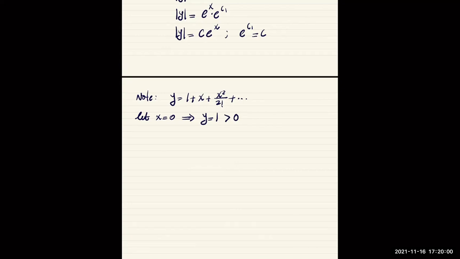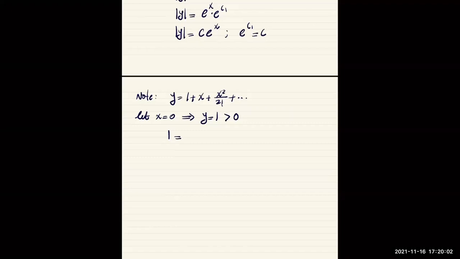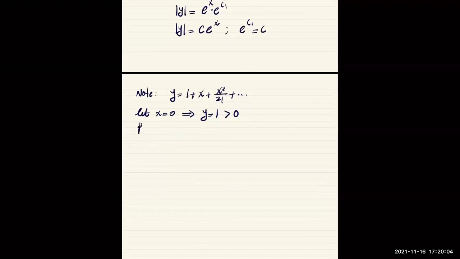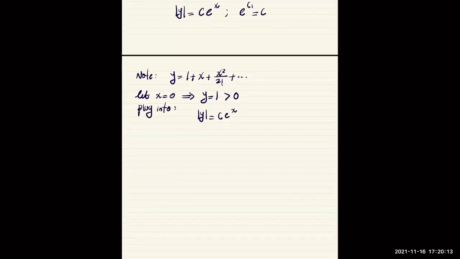Now plug it in. We get 1 equal to, so I'll plug into absolute value of y equal to c e to the x, we get 1 equal to c e to the 0. That gives us c equal to 1. Okay, therefore, y is equal to e to the x.